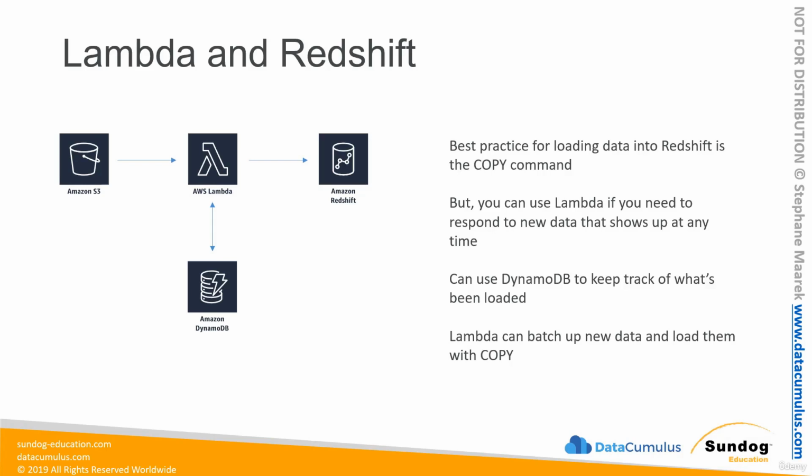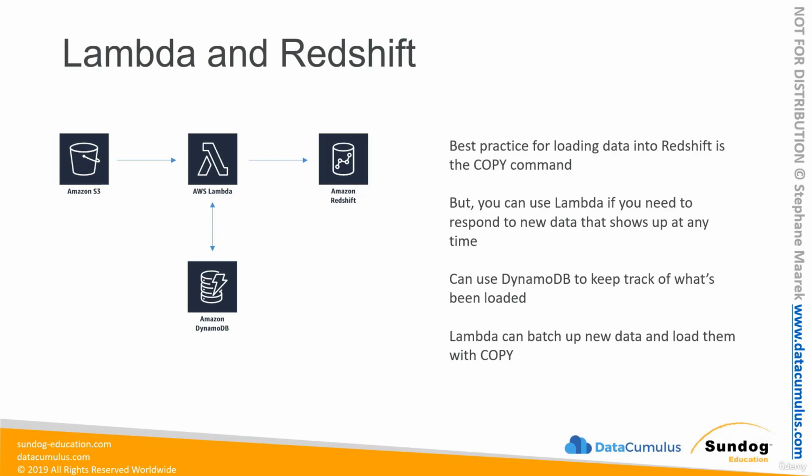Now, the problem here is that Lambda is a stateless service. It can't keep track of where you left off by itself. So how does Lambda know where to pick up and where to leave off when it's importing data from S3 into Redshift? Well, in order to do that, you need to use something like DynamoDB to store where you left off.